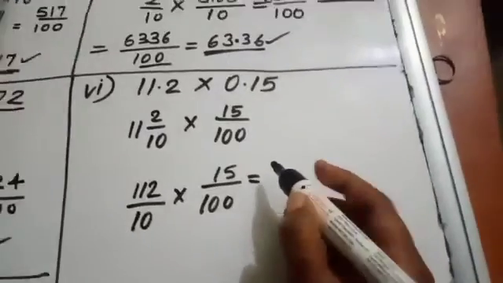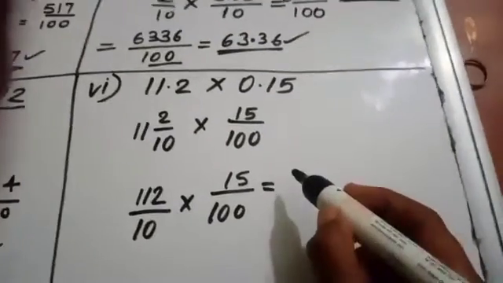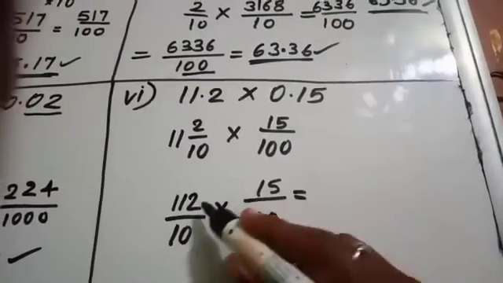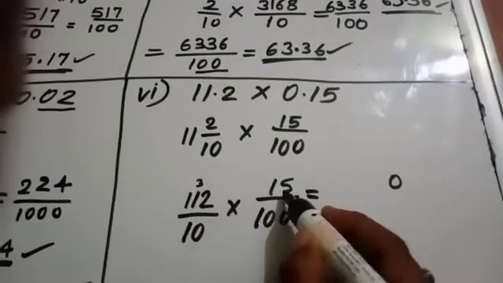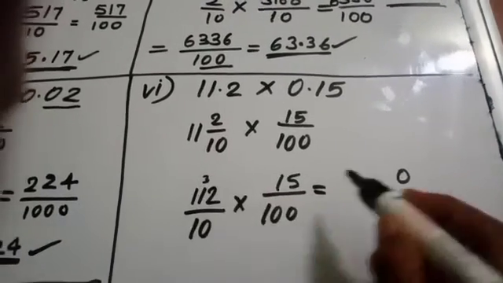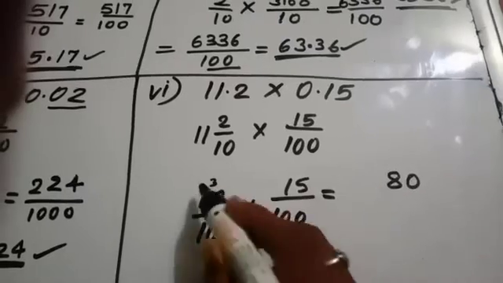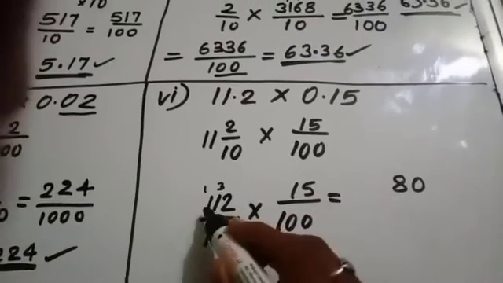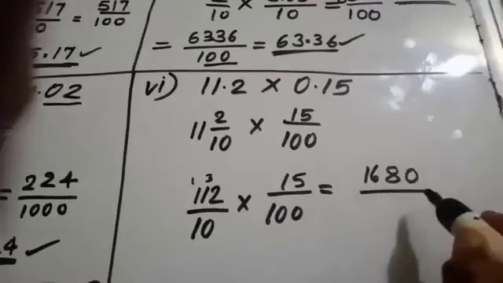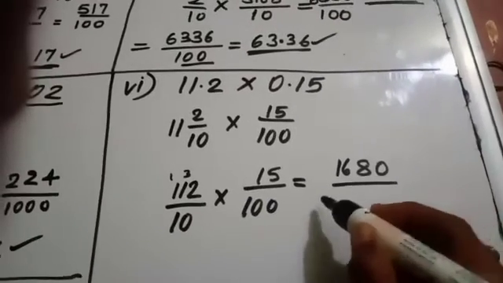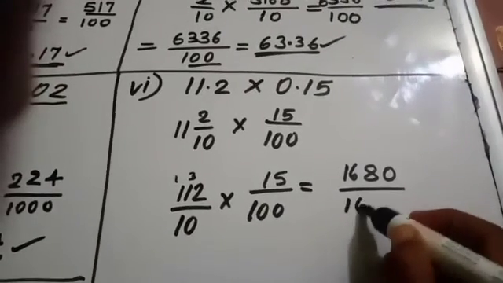Now let us multiply and write the product of the numerators. 15 twos are 30. 3 can be carried. 15 ones are 15 plus 3, 18. Then again 1 can be carried. 15 ones are 15 plus 1, 16. So you got 1680. 100 tens are 1000.